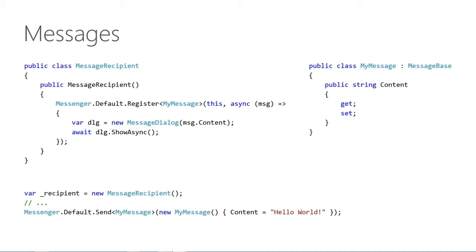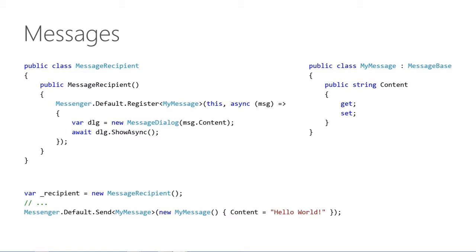This is obviously much easier when we use, in this case, we're using the MVVM Light messaging API. And so it makes it a little bit easier to implement, a little bit easier to read the code. And so I urge you to go and have a look. It does make things a little bit easier.